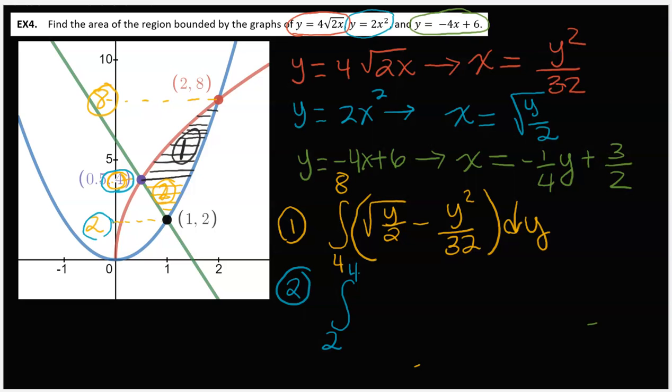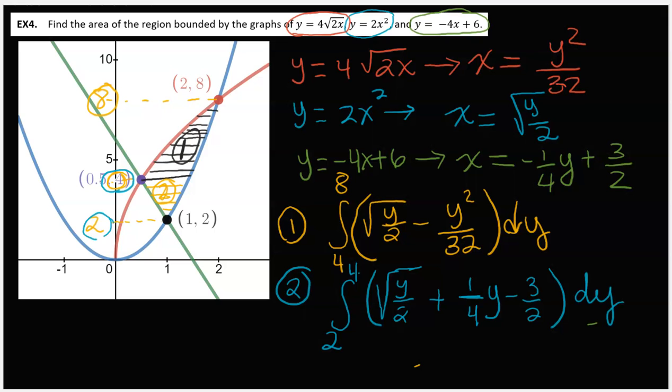That would be square root of y over 2 minus, so that would be plus 1/4 y minus a positive 3/2, which is negative 3/2, with respect to dy.